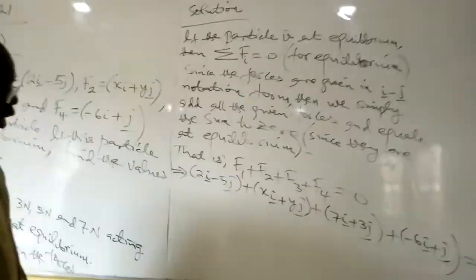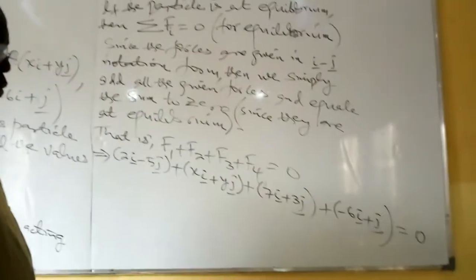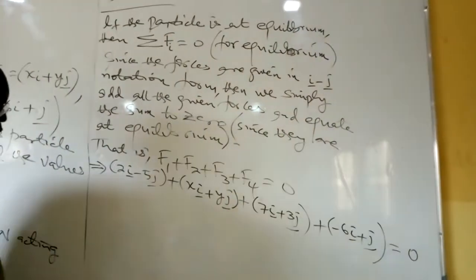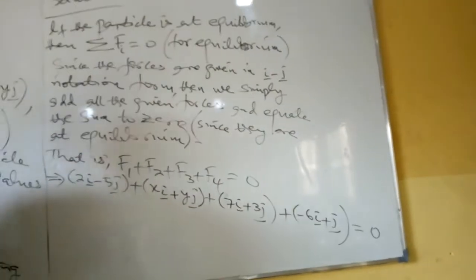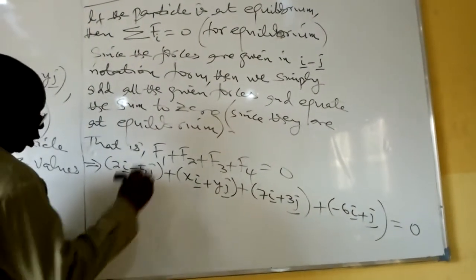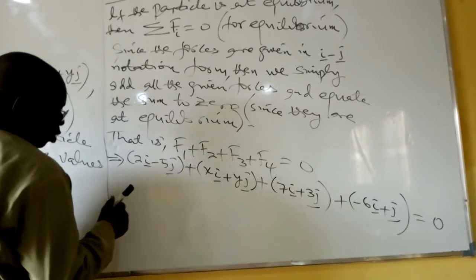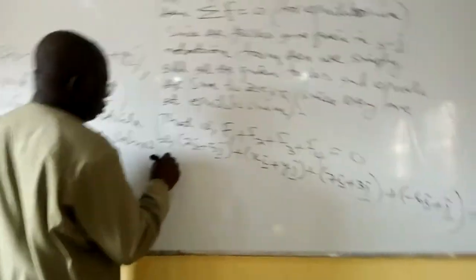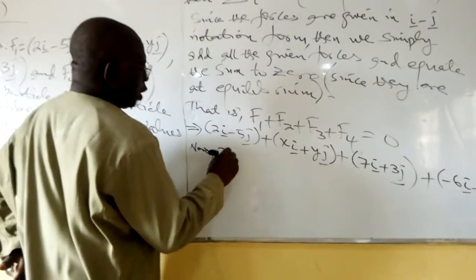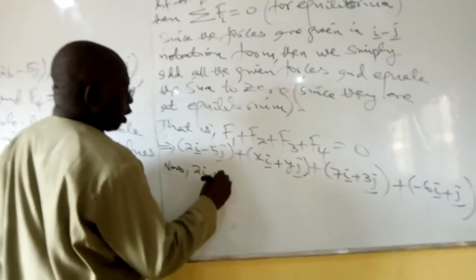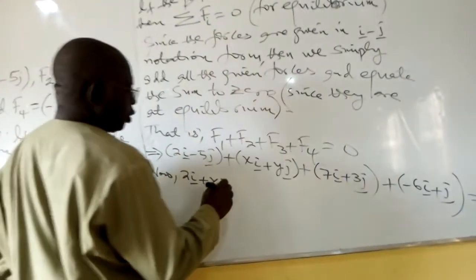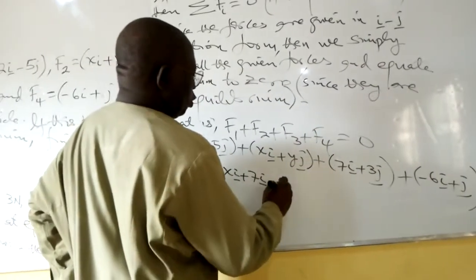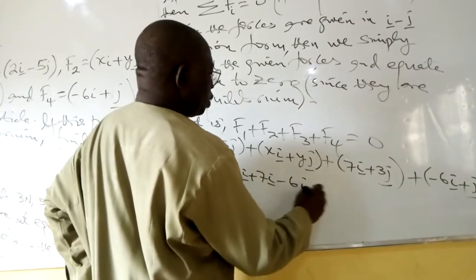So at this stage, we now equate the corresponding components. We equate the sum of the i component to 0. Now I have 2i plus xi plus 7i minus 6i is equal to 0.